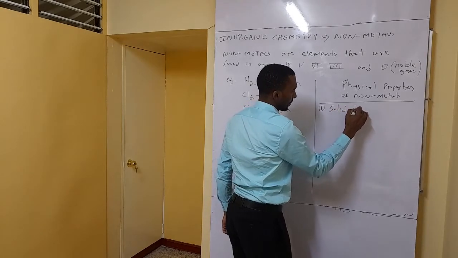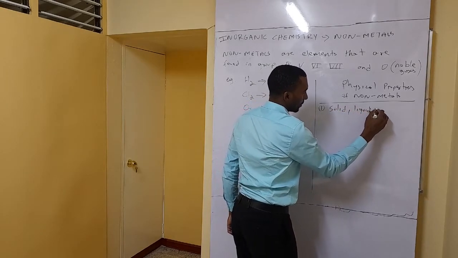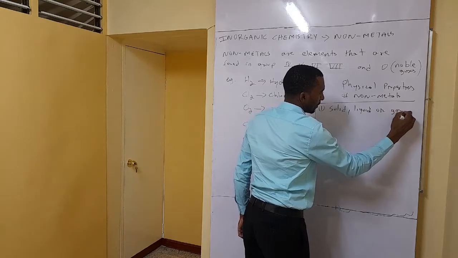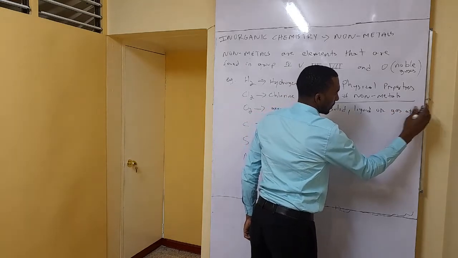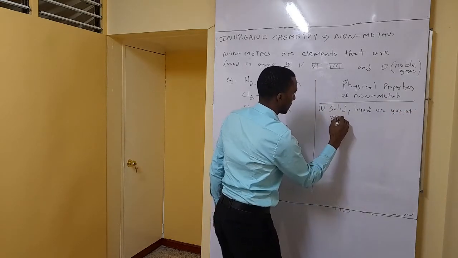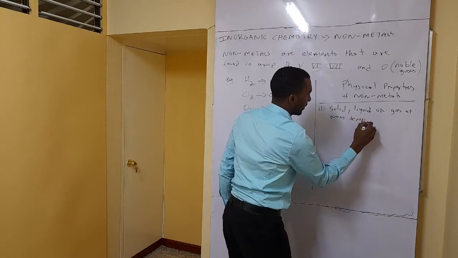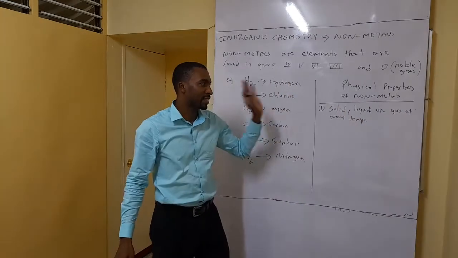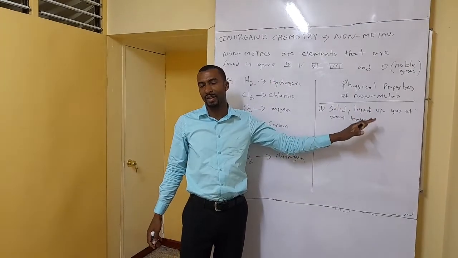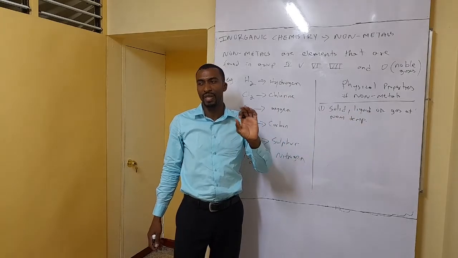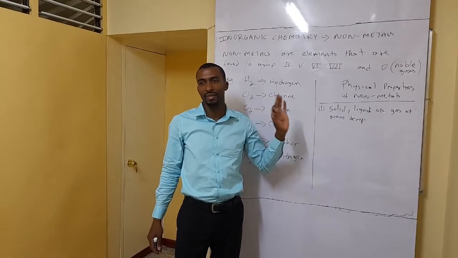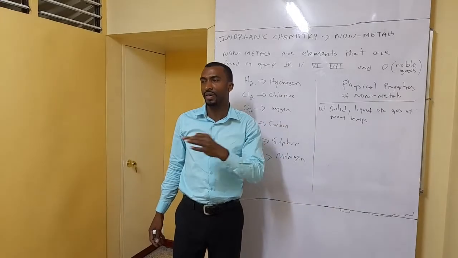Unlike metals, which mainly exist as solids at room temperature except mercury, which is a liquid, non-metals can be solid, liquid, or gas.